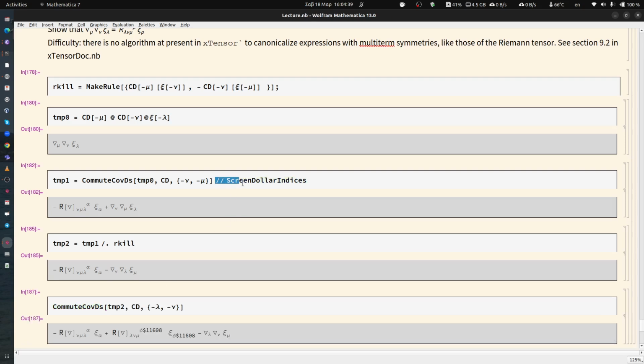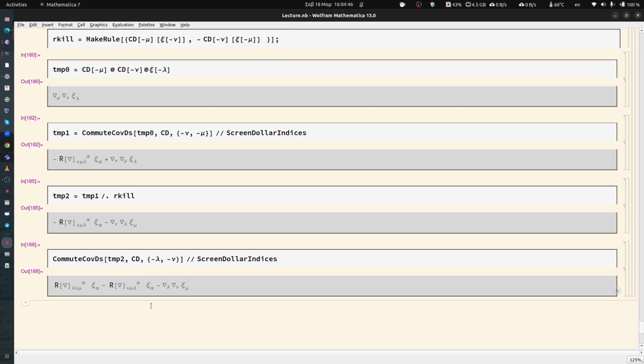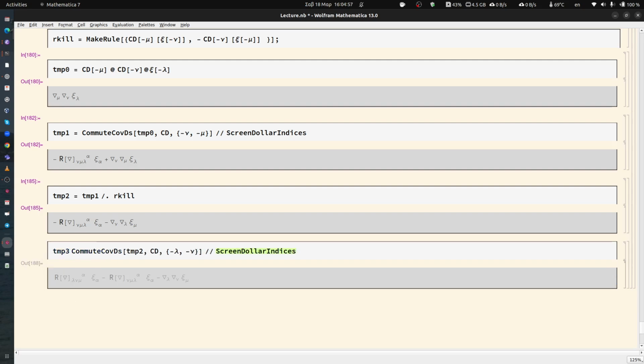So the derivatives are commuted and a second Riemann tensor term has appeared. So that is my TMP3 variable.